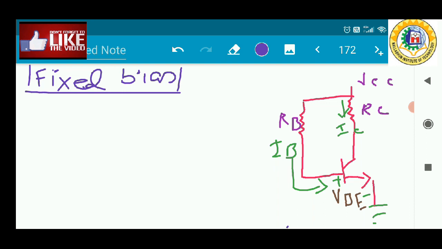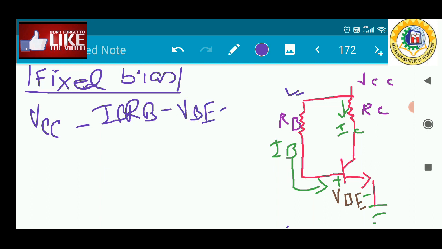Now what happens if we analyze this circuit? We apply KVL at the input section. If we write down the KVL equation, we get VCC minus IB RB minus VBE equal to 0, and from there we can calculate IB.